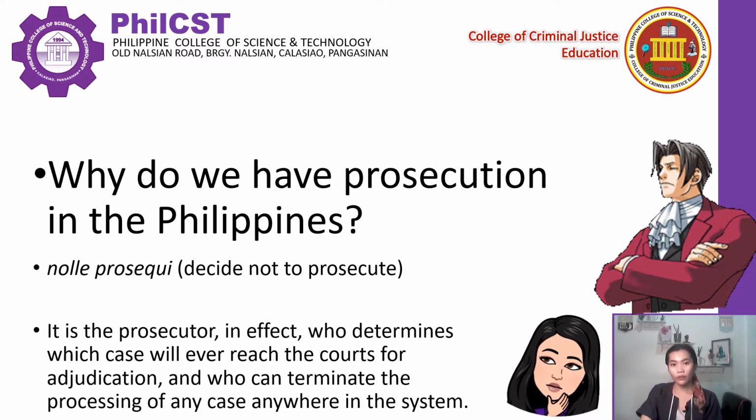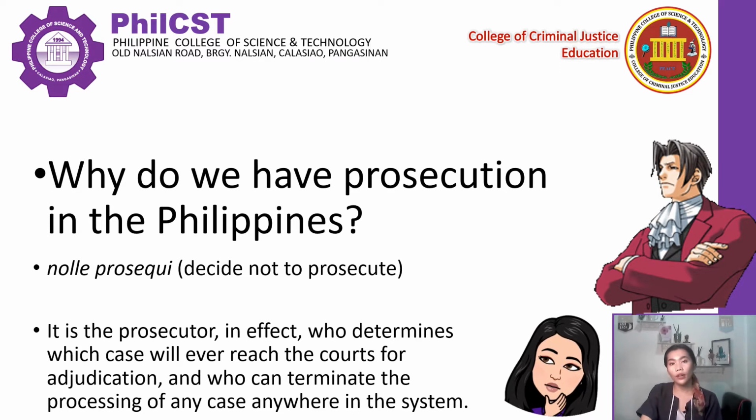Subject only to a few constraints, he determines who will be formally tried and for what offenses, and whether to dismiss charges or offer an accused an opportunity to plea bargain for a reduced charge, or he may recommend a lighter sentence. It is he, in effect, who determines which case will ever reach the courts for adjudication and who can terminate the processing of any case anywhere in the system.